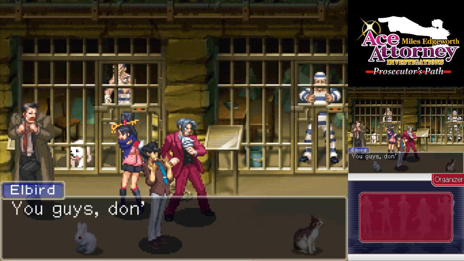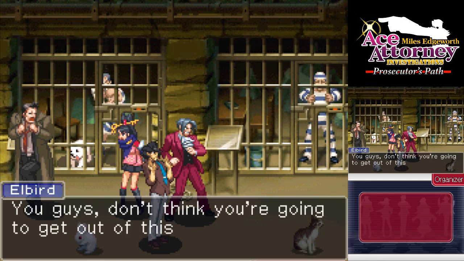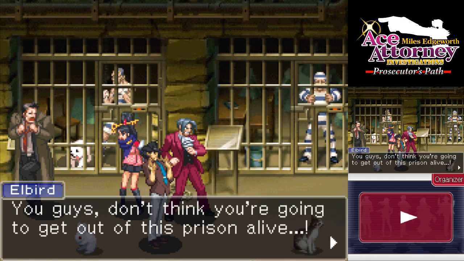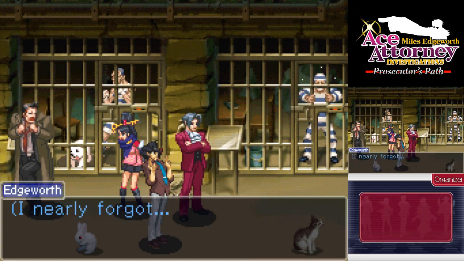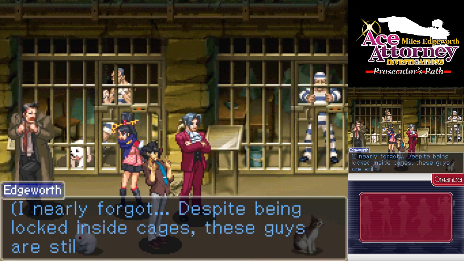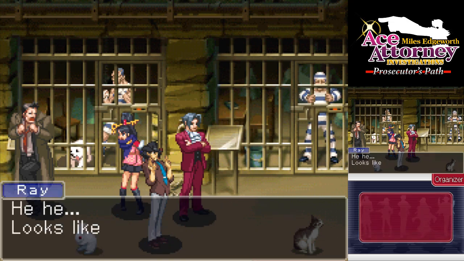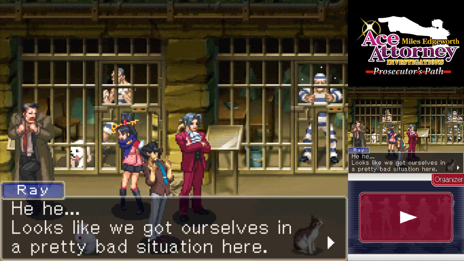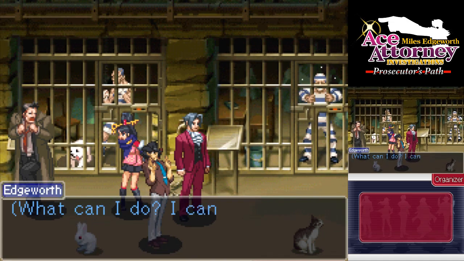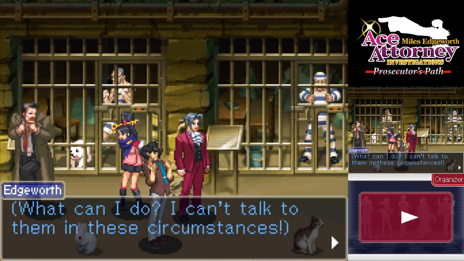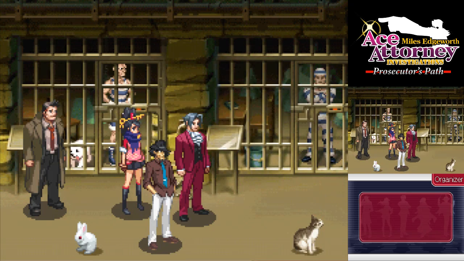Aye! You guys don't think you're going to get out of this prison alive. I nearly forgot. Despite being locked inside cages, these guys are still dangerous criminals. Looks like we got ourselves in a pretty bad situation here. What can I do? I can't talk to them in these circumstances.